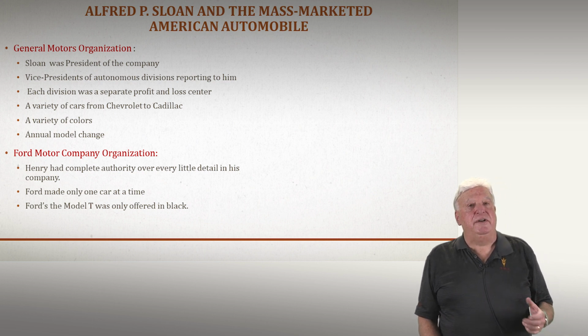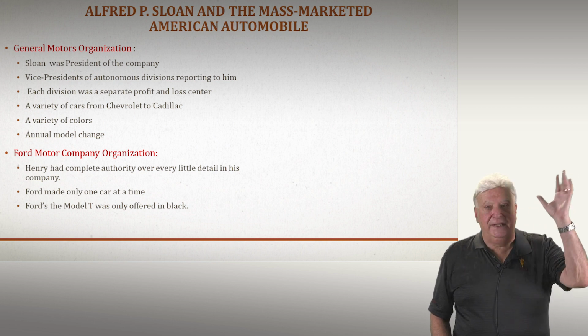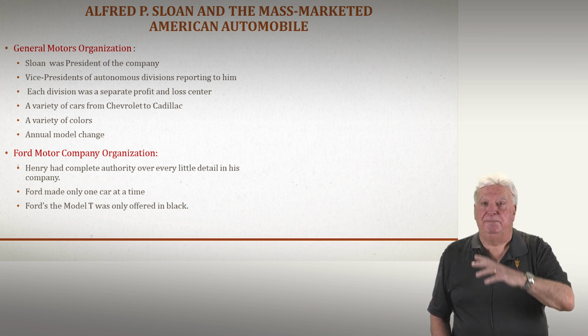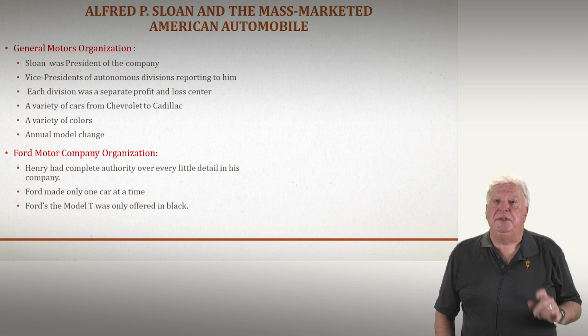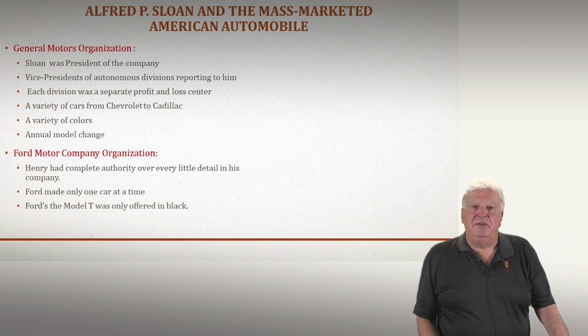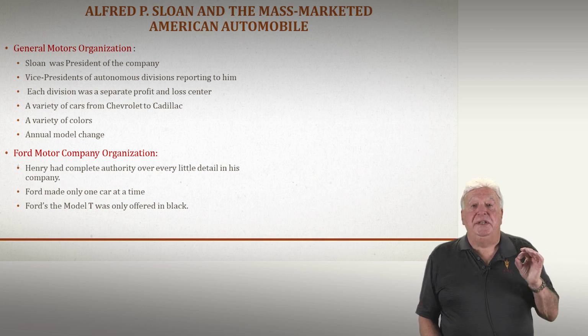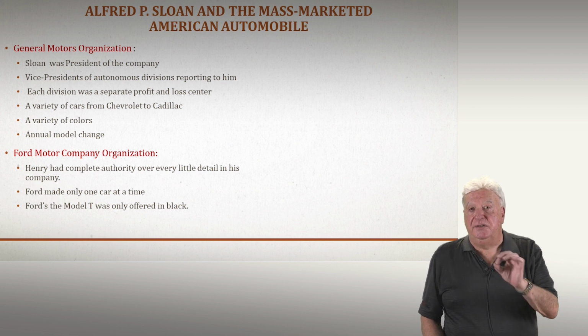When Sloan took over General Motors, the company was hopelessly disorganized, with all these different companies that Durant had just bought willy-nilly. What Sloan did for the automotive industry, that is, create an organizational model that would be followed by most modern companies, was every bit as important as Henry Ford's creation of the assembly line.